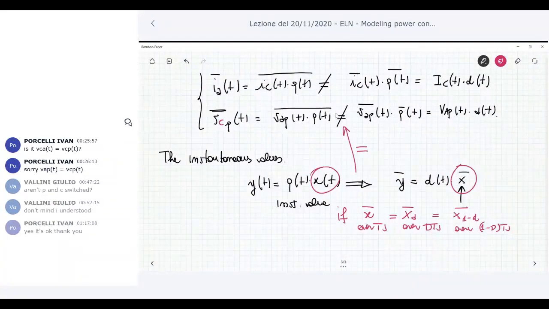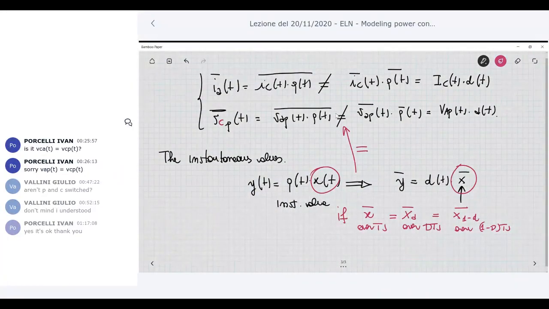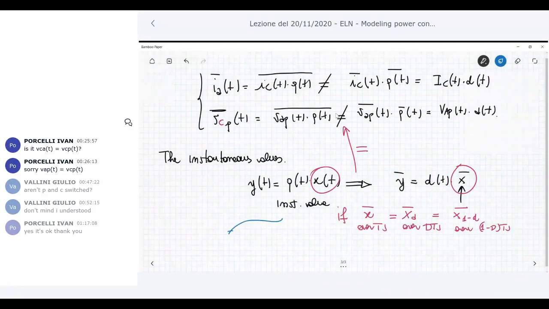If this doesn't happen, you cannot have this transformation. Of course, this happens when, for example, and this is a consequence, when the variable x(t) is a constant.